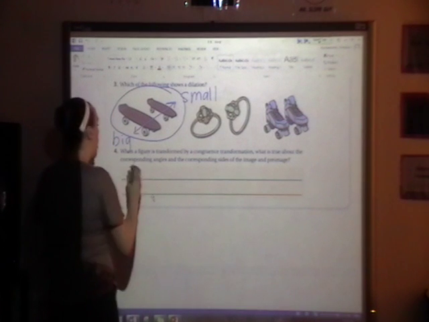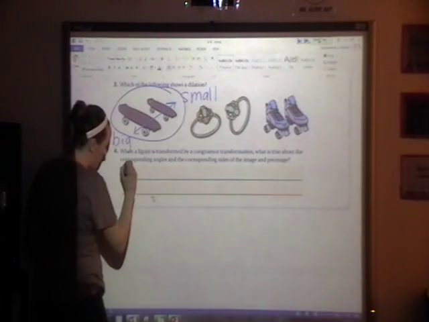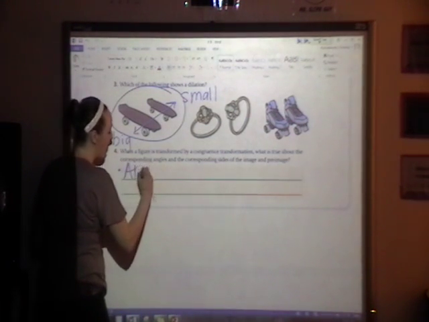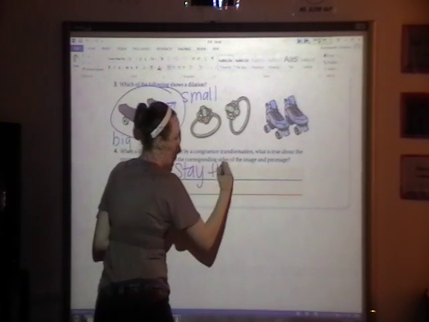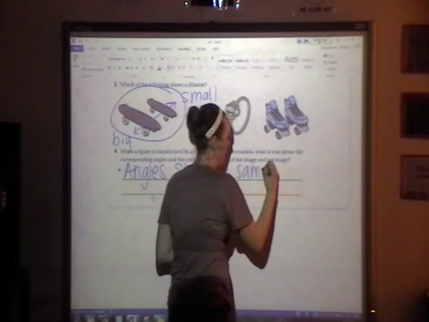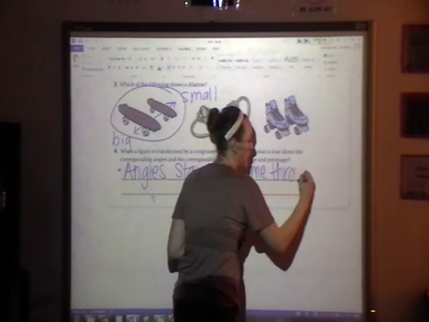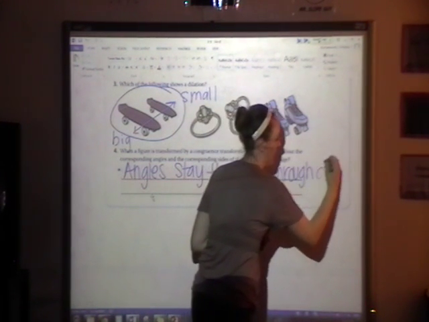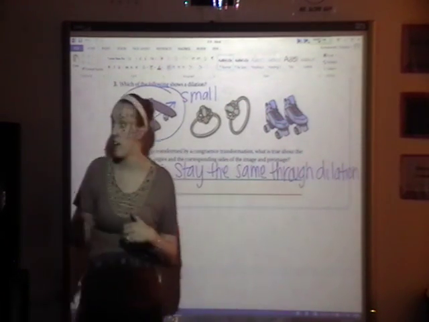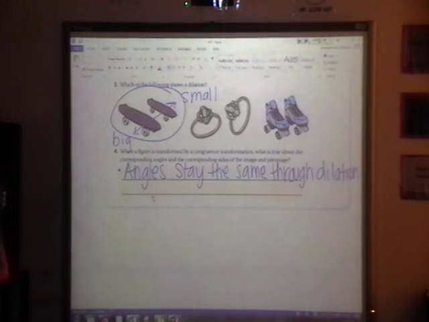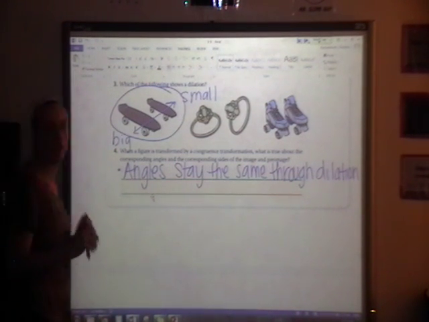So your angles stay the same through dilation. The word that we use for same, if we're going to talk mathematically, is congruent. So your angles through dilation stay congruent.